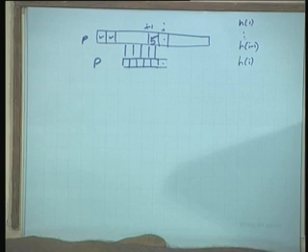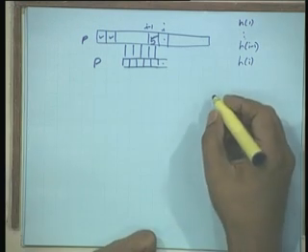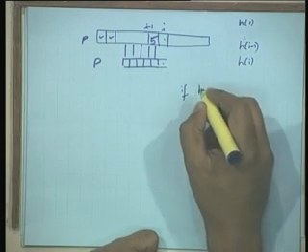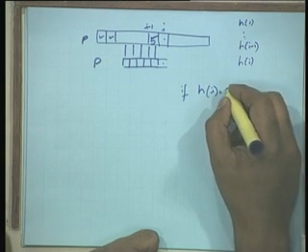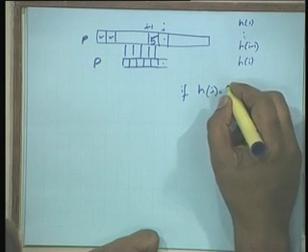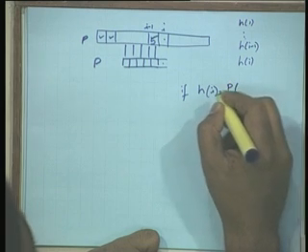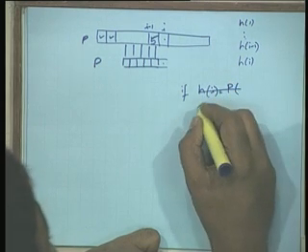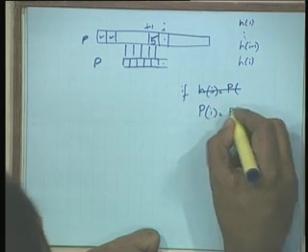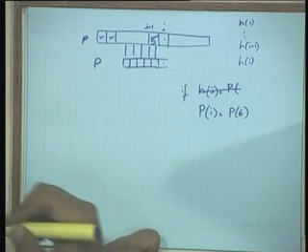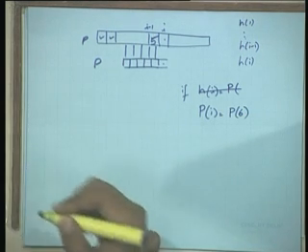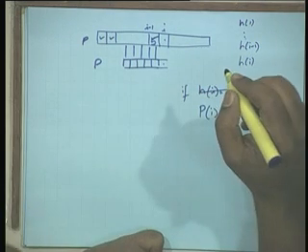So, I claim the following: if P of I equals P of 6, the 6th character of the pattern.